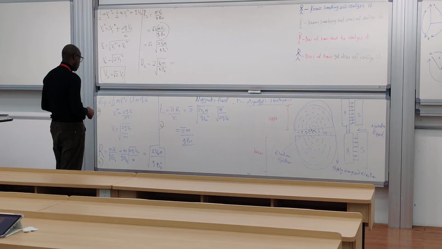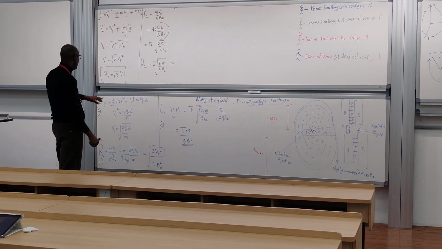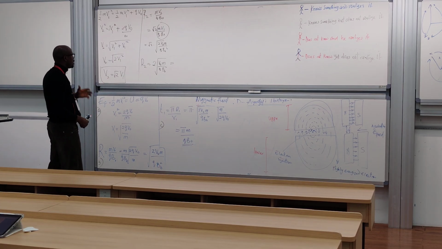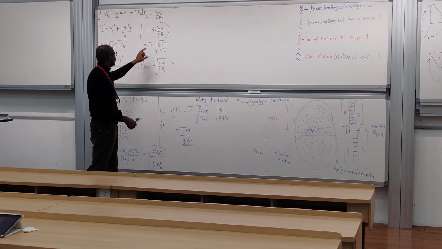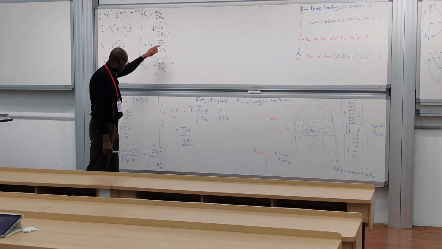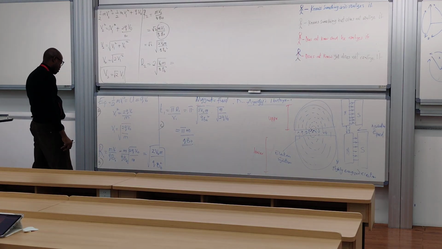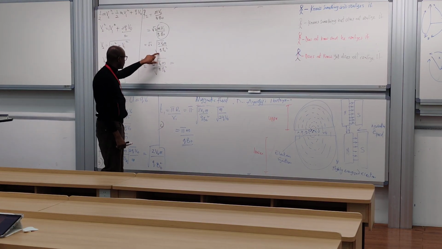Is that so? Let's look at it. V2 is this, and then which is this, and then this is this. Yeah, that is correct. So we have this.